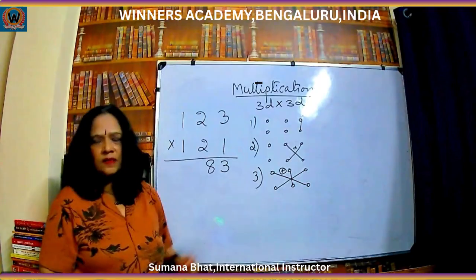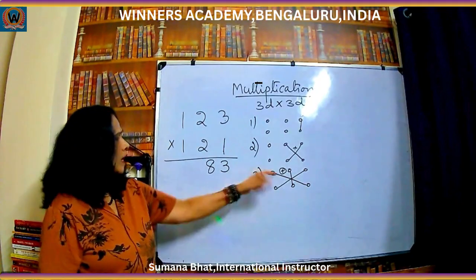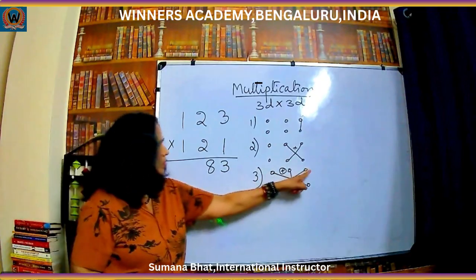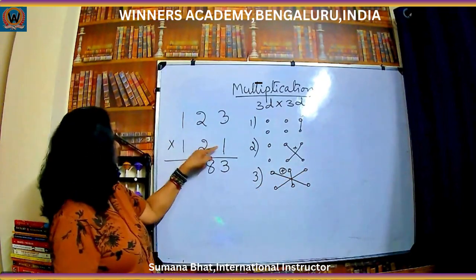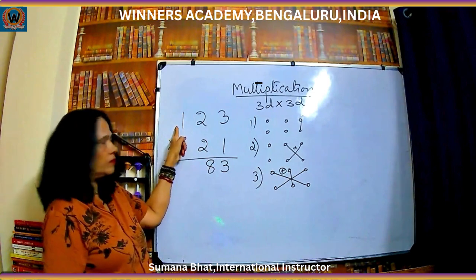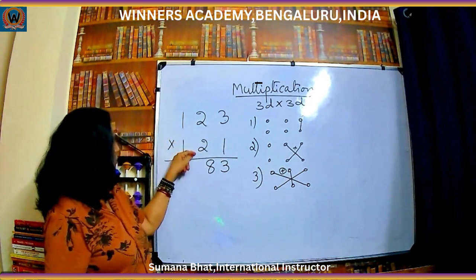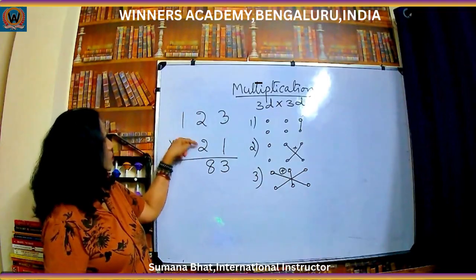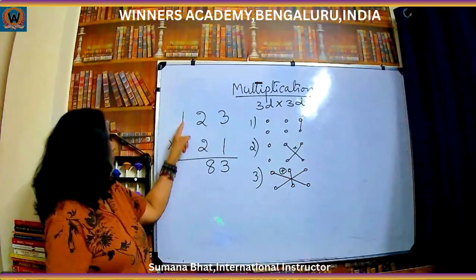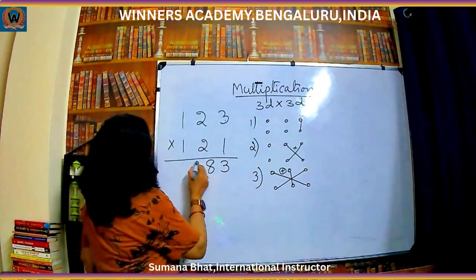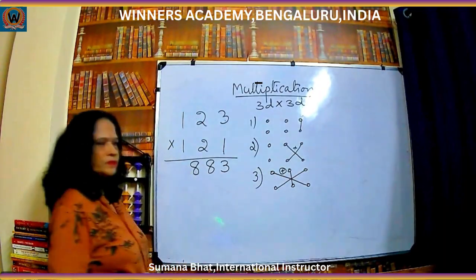Multiply all and also add the numbers. So units and hundreds, like 1 into 1 is 1, plus 1 into 3 is 3, 3 plus 1 is 4, plus 2 into 2 is 4. 4 here, 4 here. So that is 8.